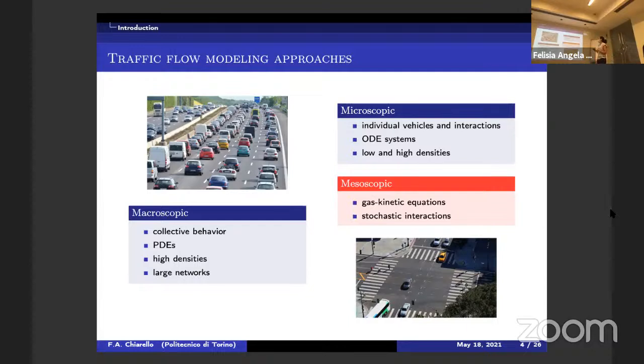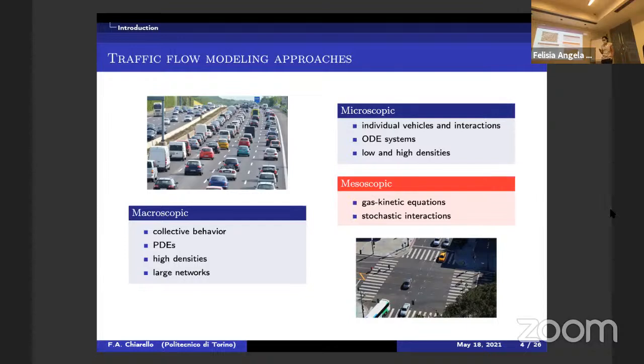And there are mesoscopic models that are more or less the link between microscopic and macroscopic models, and that are based on gas kinetic equations and stochastic interactions. So the framework of this talk will be the mesoscopic approach.